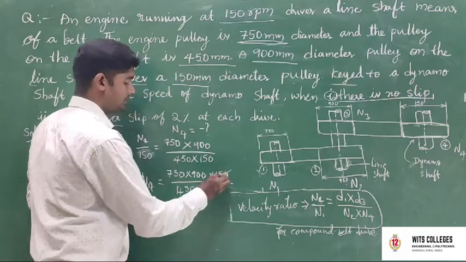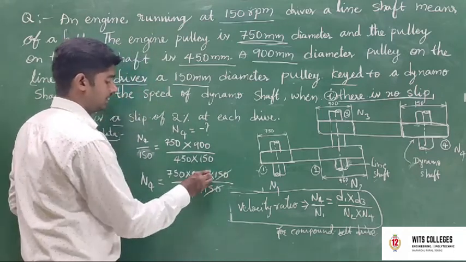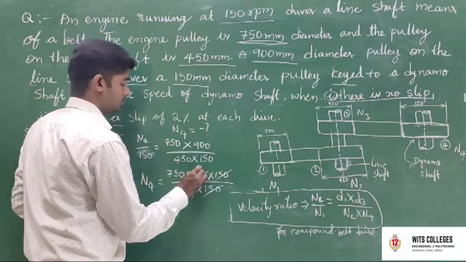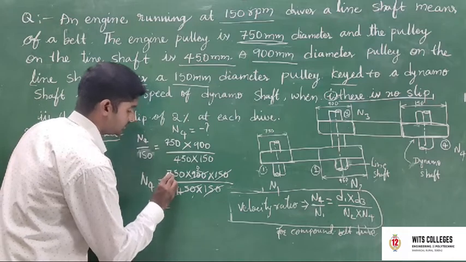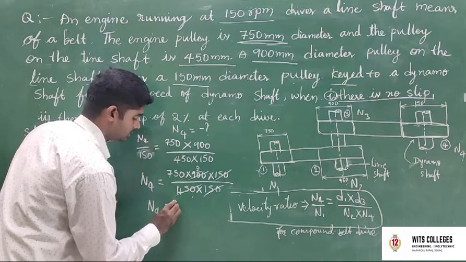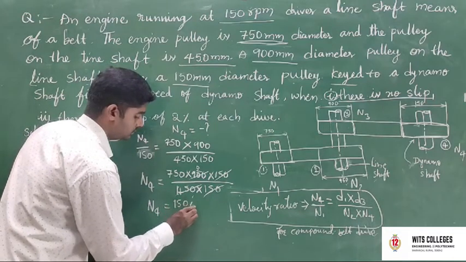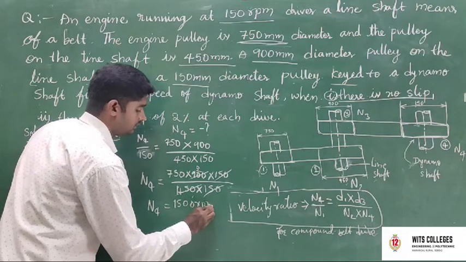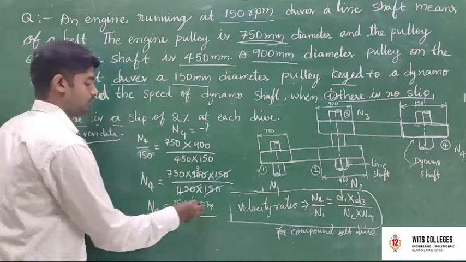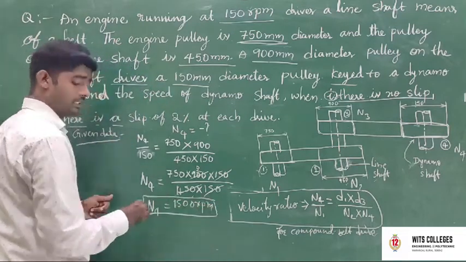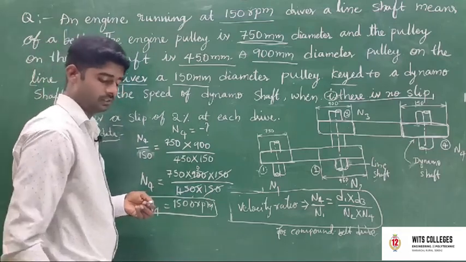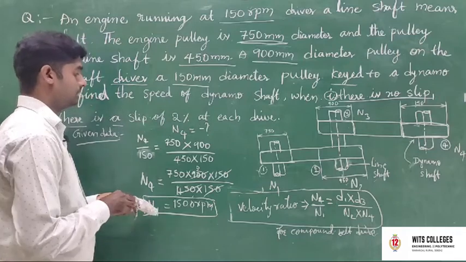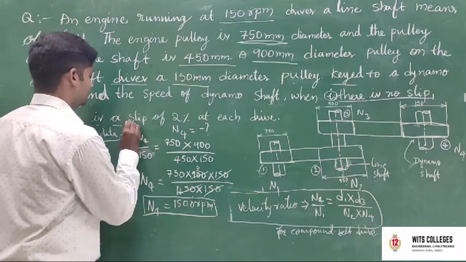The 150 cancels, and 750 by 450 gives 2 by 1, so N4 is equal to 750 into 2, that is 1500. N4 is equal to 1500 rpm. This is for no slip.